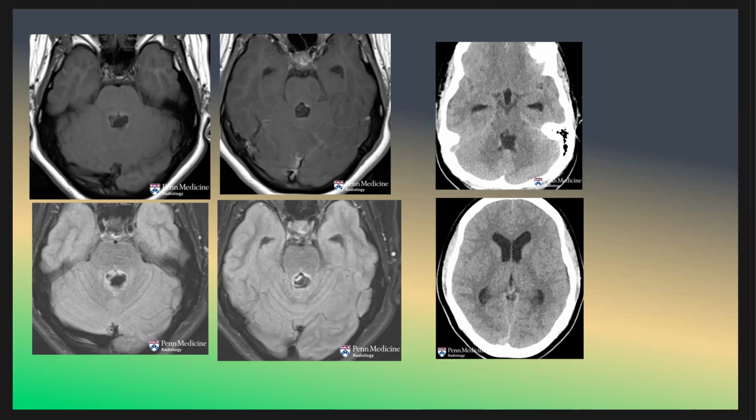This is the vesicular stage. There is also hydrocephalus, and you should know the stages of cysticercosis. We move to the next case.